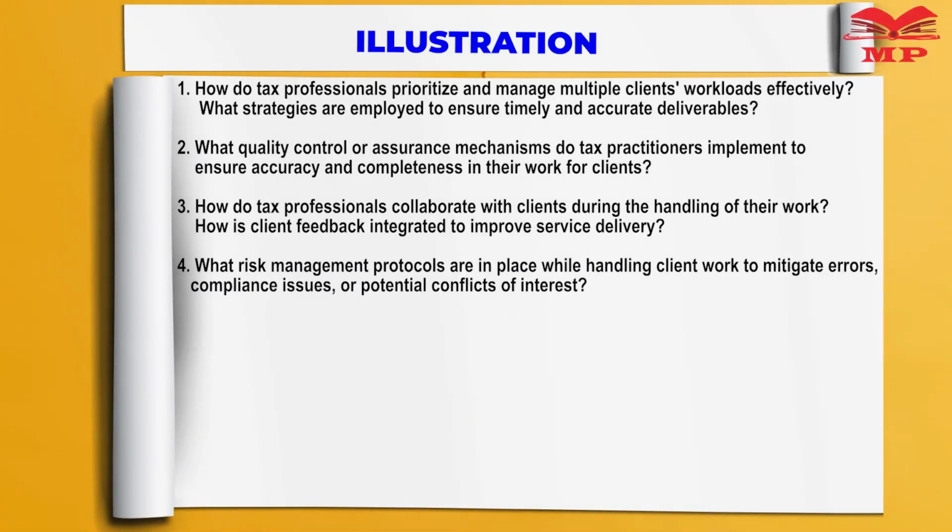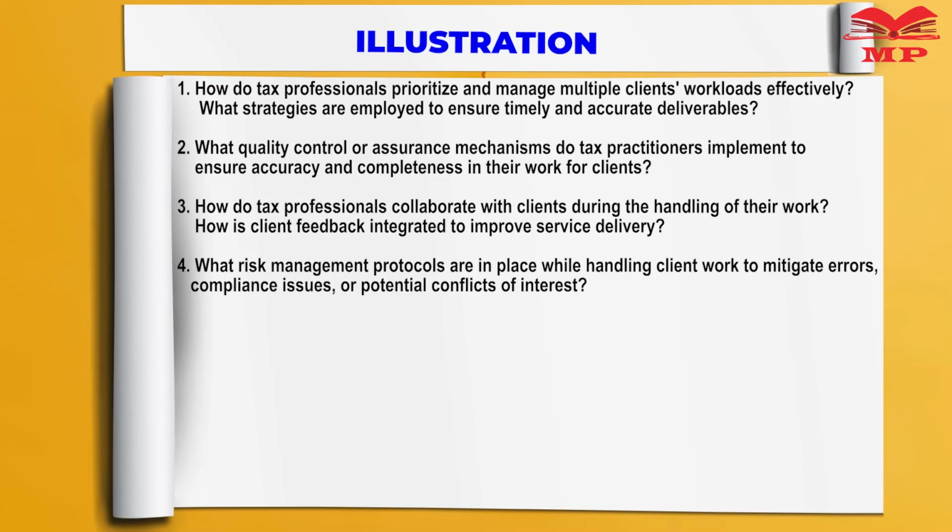I'm going to give you revision questions. Number 1, how do tax professionals prioritize and manage multiple clients' workloads effectively? What strategies are employed to ensure timely and accurate deliverables? Number 2, what quality control or assurance mechanisms do tax practitioners implement to ensure accuracy and completeness in their work for clients?